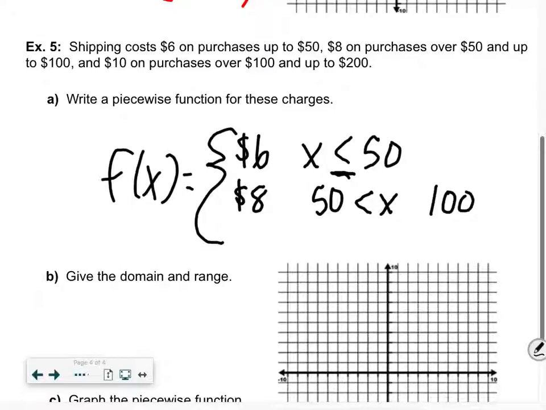No. You can't repeat equal tos. Since 50 is already equal to in the first one, it can't be equal to on the second one. But the 100 is equal to. And then we got $10 on purchases over 100 and up to 200.